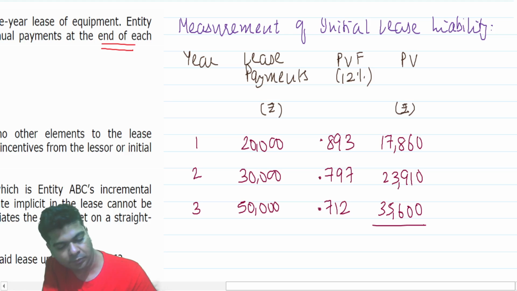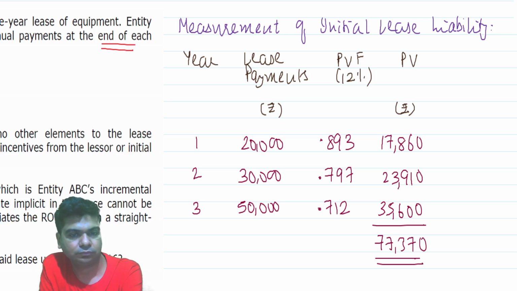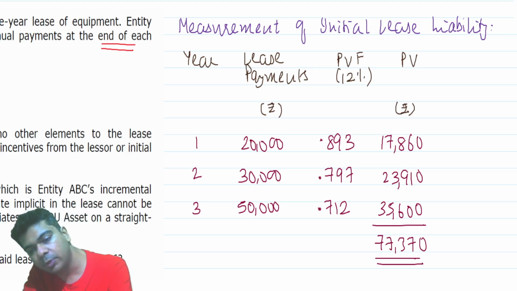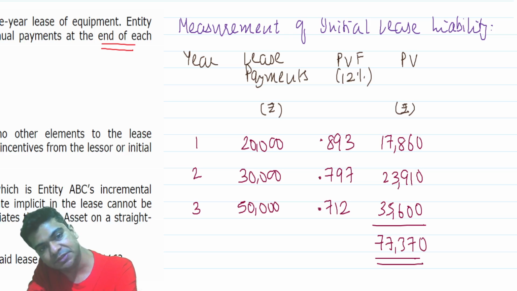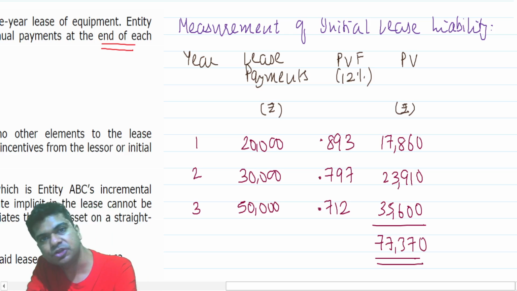Take the total: $77,370. So lease liability will be recorded at $77,370. If you are still writing, just pause the video here.